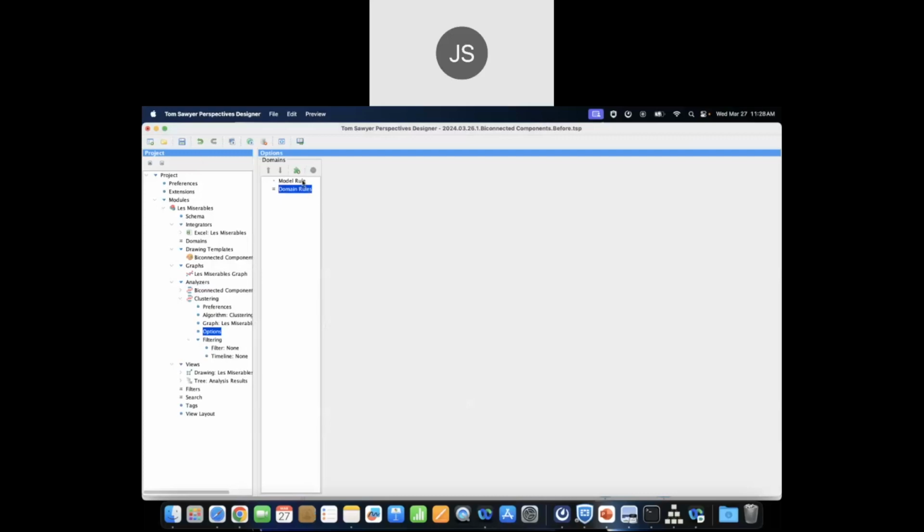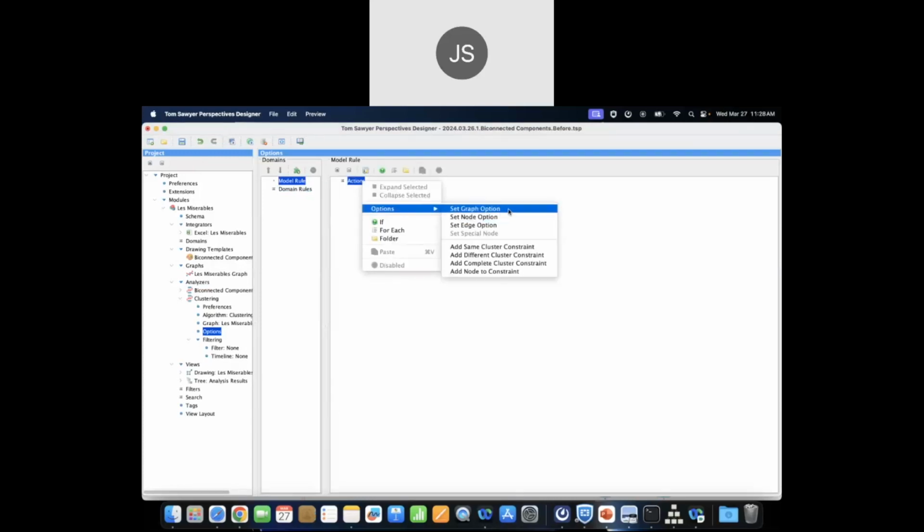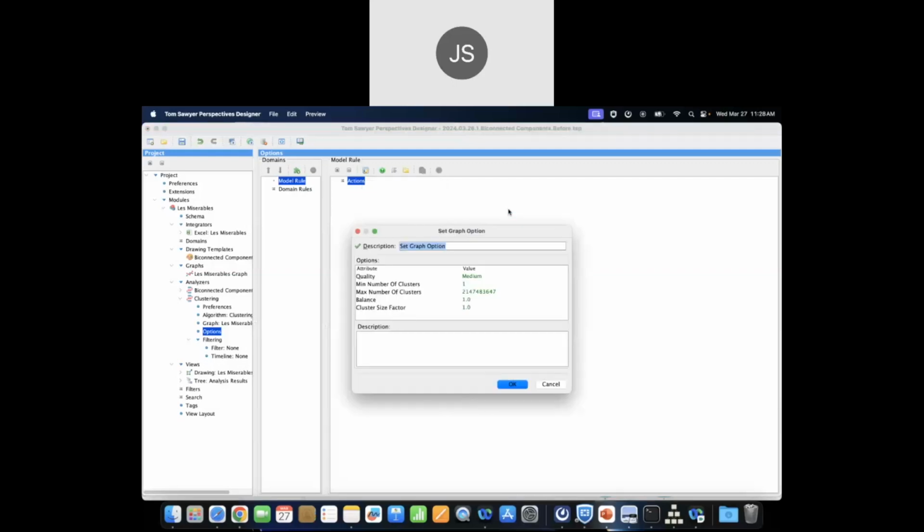So we are going to go to our model rule, and I'm going to add an action to set a graph option. So many of these analysis techniques have different parameters that you can set that affect exactly how the analysis is applied. And so in this case, I want the clustering to have a different balance. Well, what's balance? So if I click on this here, the designer is going to bring up some information.